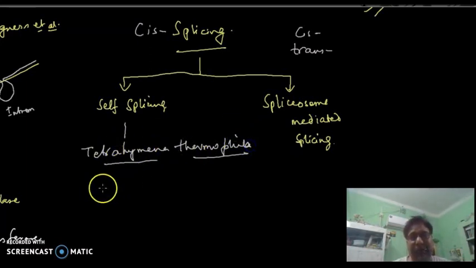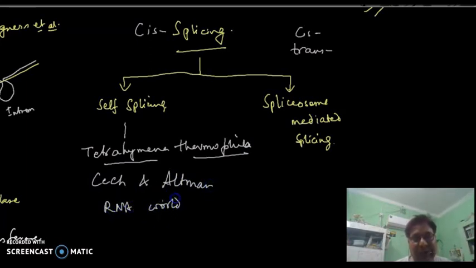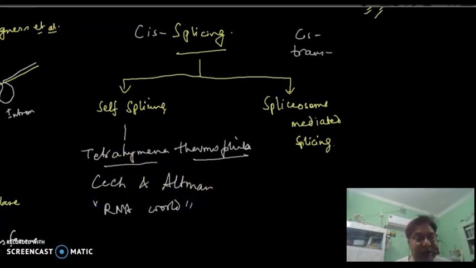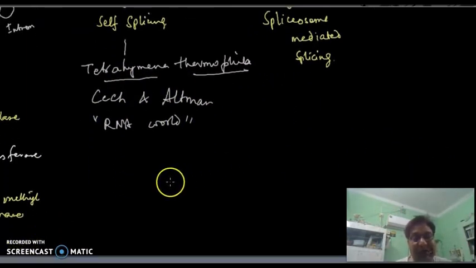In this organism, Cech and Altman were the first to show this, and that gave rise to the concept of RNA world also, because these RNAs are capable of catalyzing their own cleavage. So they are basically ribozymes. For this discovery, Cech and Altman were awarded the Nobel Prize in 1989.